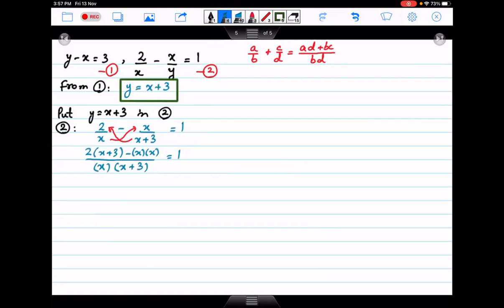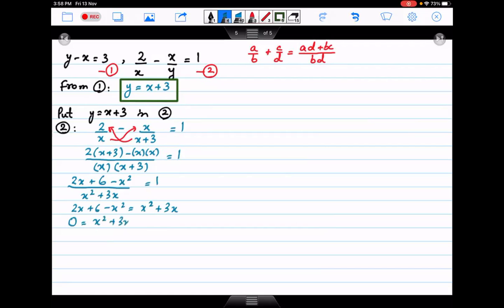So now solving this becomes 2x plus 6 minus x square upon x square plus 3x equals to 1. So now the denominator will remain the same and we will do cross multiplication and make the left side 0.